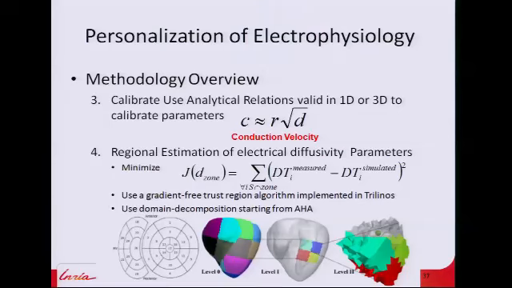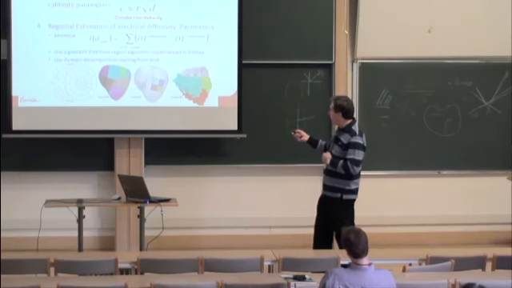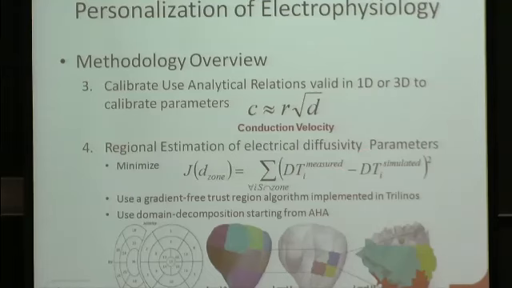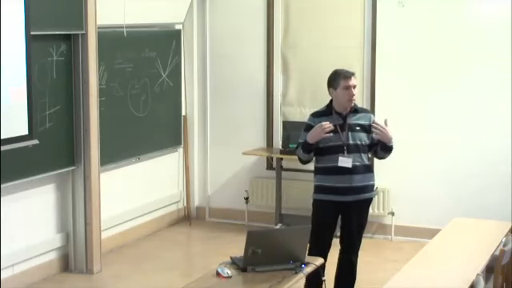Also for the diffusivity parameter, we first do a rough calibration of the parameters to initialize the value. We establish some very rough relationship between C, the conduction velocity, and D, the diffusivity parameter. Then we minimize the discrepancy between the depolarization times, measured and simulated. For this, we are using a fairly, I would say, brute force approach, which is to use a gradient-free method.